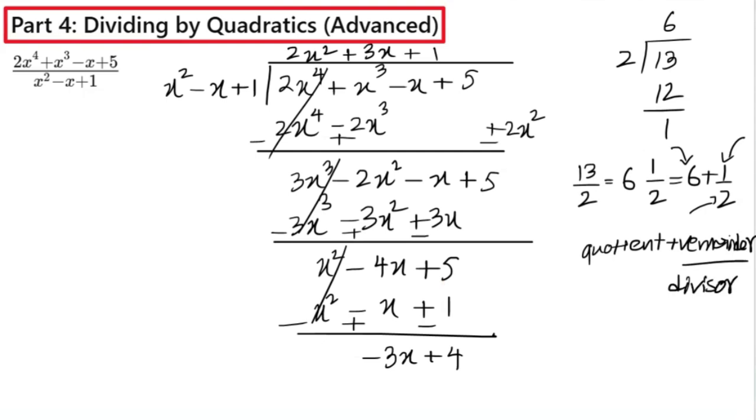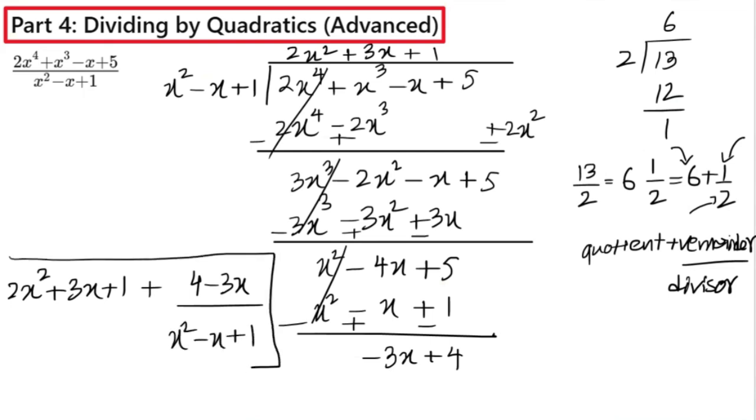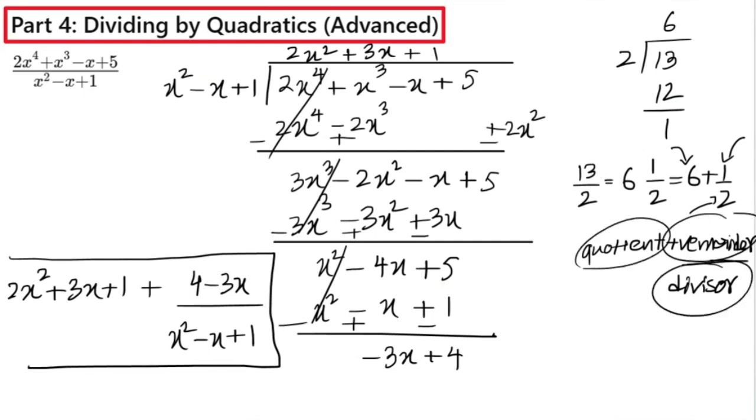I mean, that's not a requirement, but while doing series expansion or integration questions later on in the calculus course, you'll find that writing the final answer like this helps you solve the rest of the problem. Plus, I can write the remainder like 4 minus 3x and divide the whole thing by x squared minus x plus 1. You can see that this is the answer in the form quotient plus remainder over divisor.